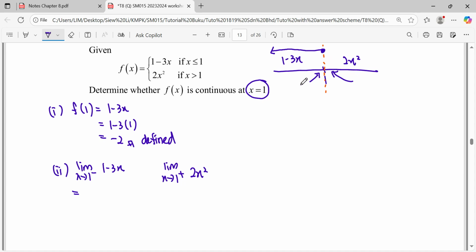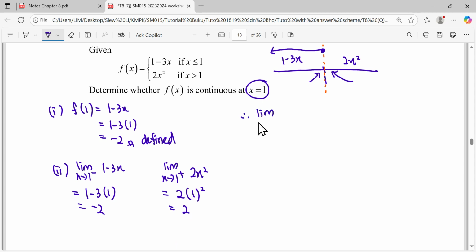So getting near from the left hand side, under this graph, substitute x equals 1 here, we get -2, and substitute 1 into the quadratic here, I get 2. So obviously our limits are not the same.